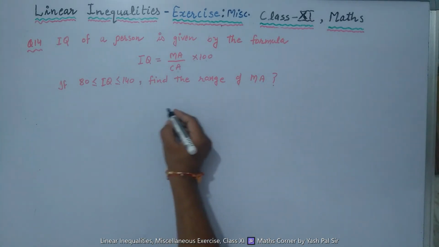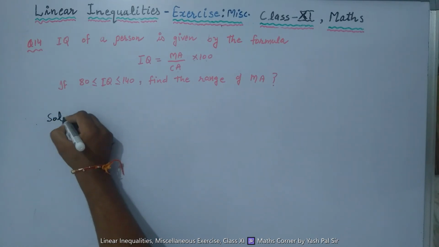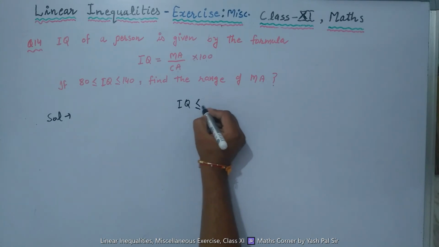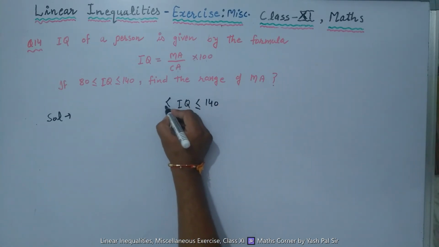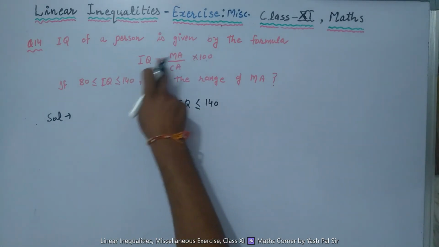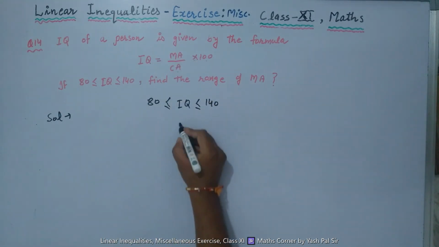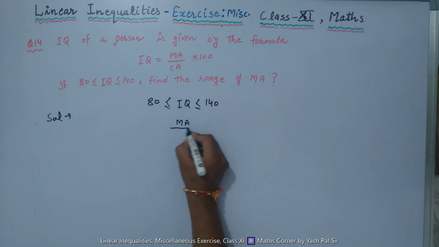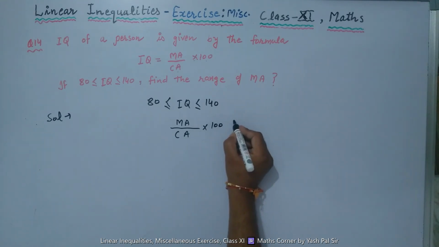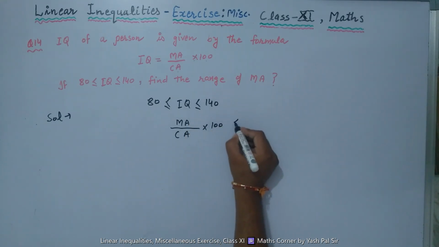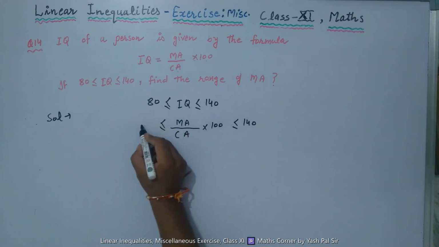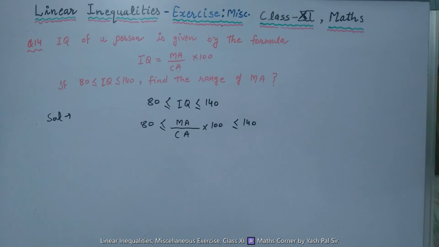So first of all, what is given here? We are given that IQ lies between 140 and 80. Now the equation says that IQ is equal to mental age divided by chronological age into 100. So this is less than or equal to 140, greater than or equal to 80, right?